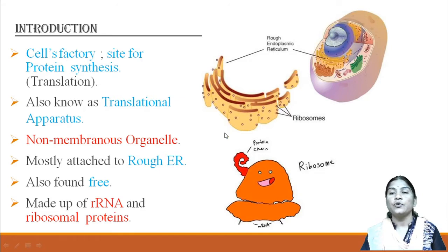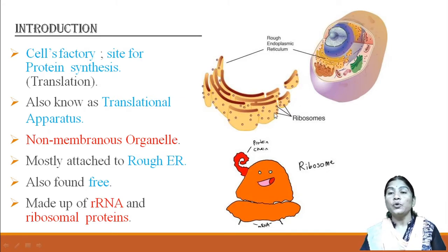So these are ribosomes. When we see it diagrammatically, here is the ultrastructure of the plant cell in which various organelles are seen. Here these network-like structures we call the endoplasmic reticulum.